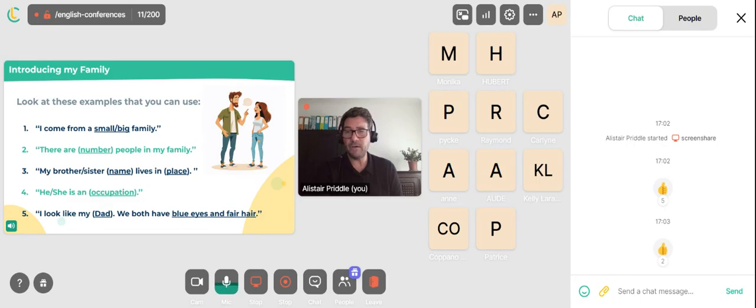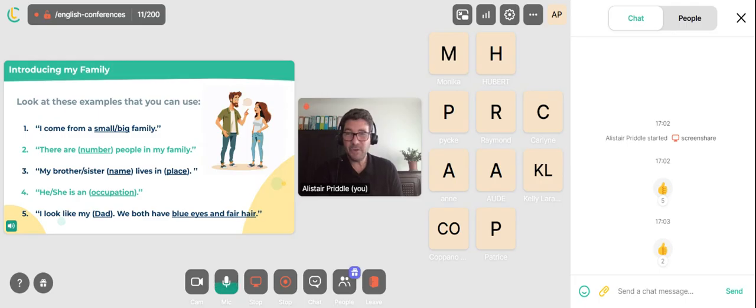Number 2, there are people in my family. Number 3, my brother or sister lives in. Number 4, he or she is an. Number 5, I look like my dad. We both have blue eyes and fair hair.